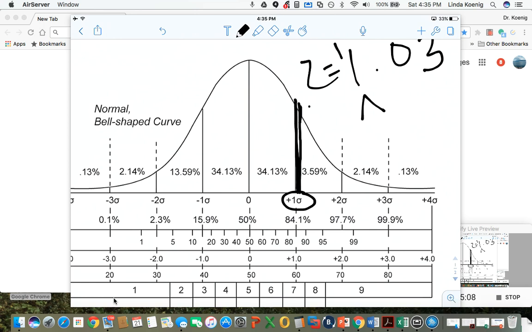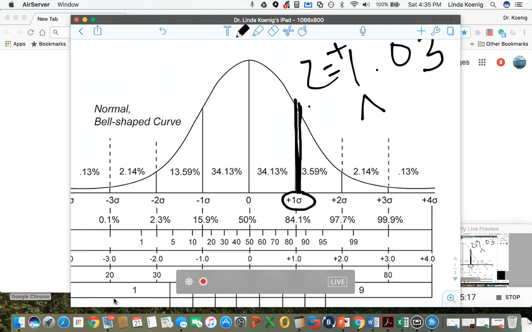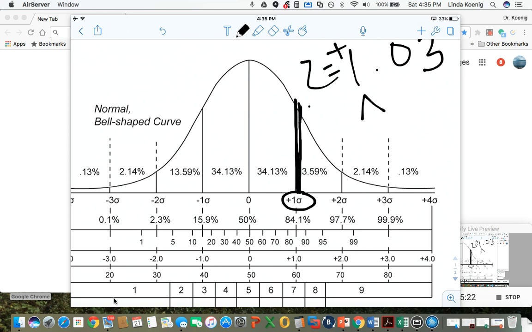And this is positive, it's not negative. Now we have a better idea of where this person scored compared to all the other individuals.